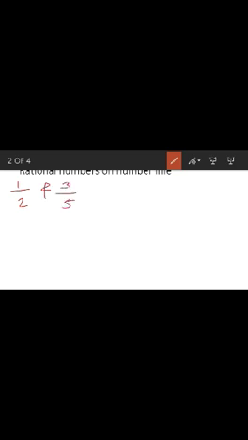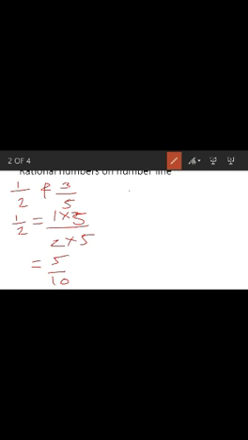Here we need to make the denominators the same. 1 upon 2 is 1 multiplied by 5 upon 2 multiplied by 5. What we get is 5 upon 10.